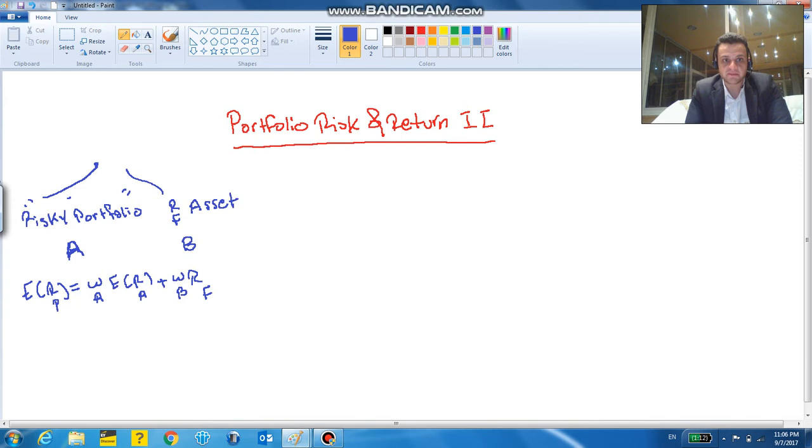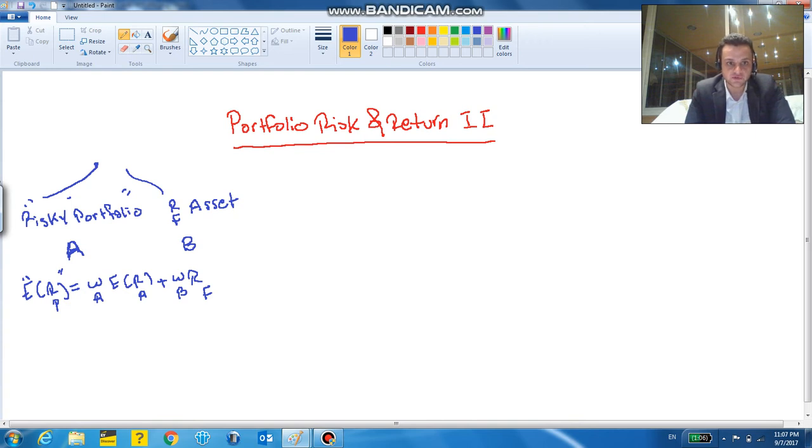Basically, what we're trying to say here is that if we combine this optimal risky portfolio with a risk-free asset, the expected return on the new portfolio is the weighted average of the expected returns of those assets. So it is weight A multiplied by expected return A plus weight B multiplied by the risk-free rate.